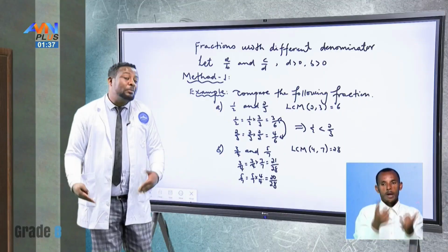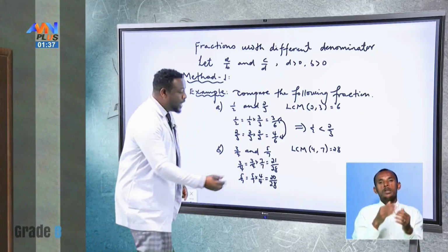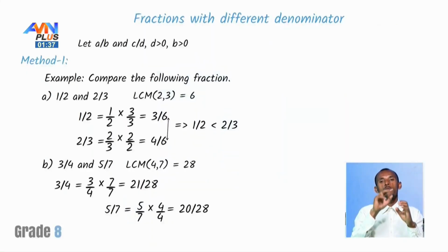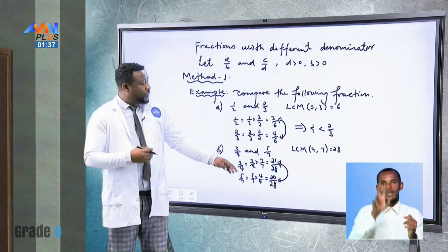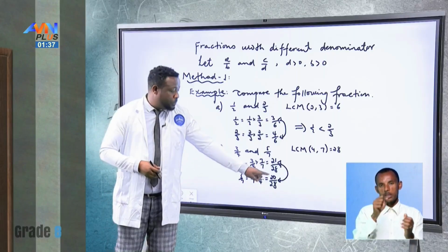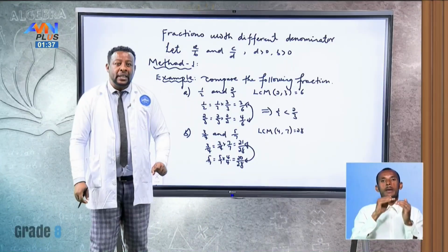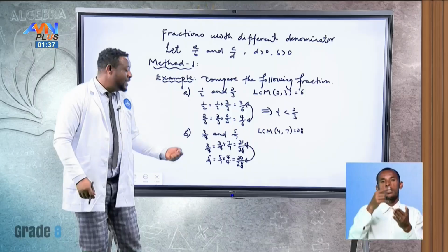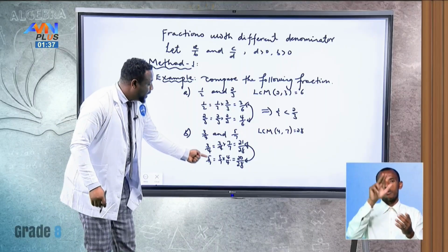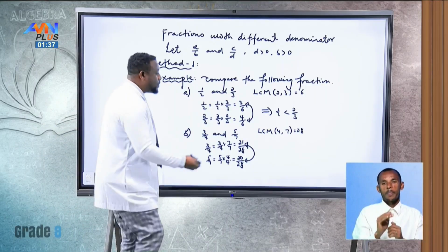Now, it's very simple to compare these two fractions. 21 over 28 and 20 over 28. As you can see, 21 is bigger than 20. So this tells us 3 over 4 is bigger than 5 over 7.